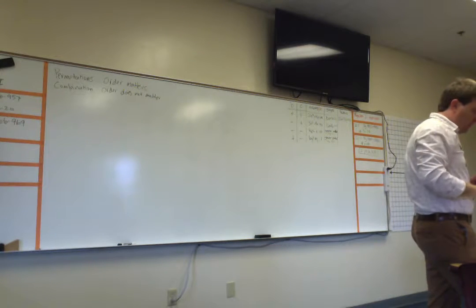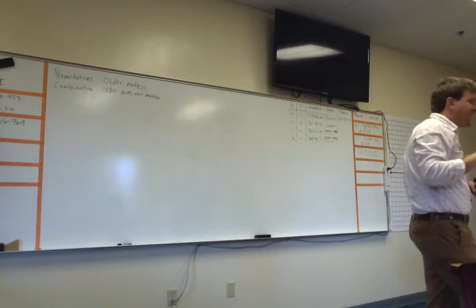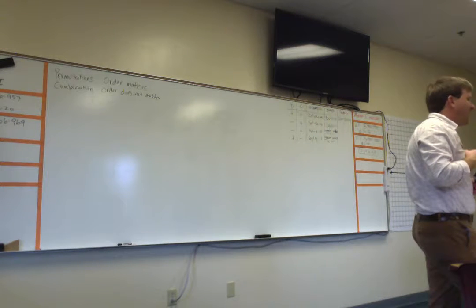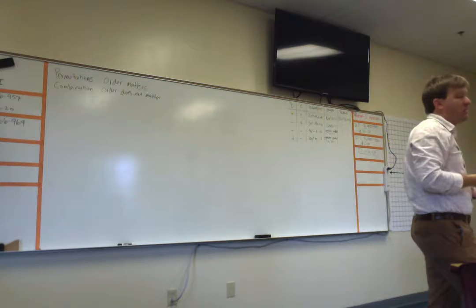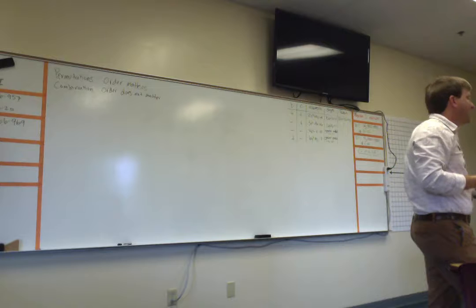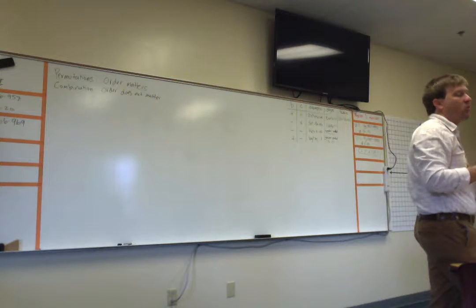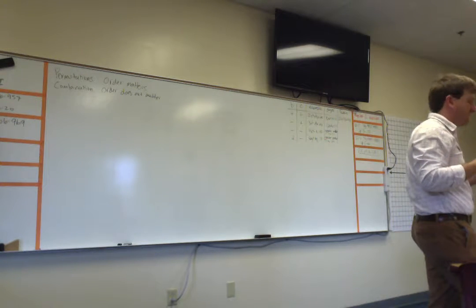So an example they give here is a restaurant has 8 appetizers and they offer a sampler where you pick any 3 and they're served on one plate. So how many ways can you make a sampler? Choosing any 3 from among 8, and order doesn't matter. They're all going on the same plate.